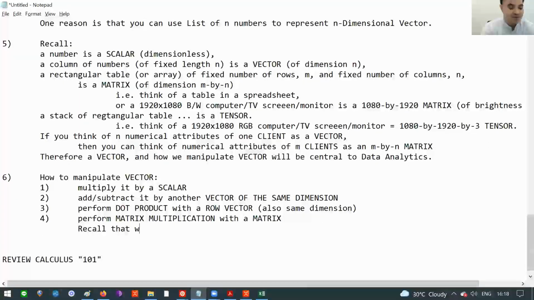Recall that in linear algebra, linear transformation is represented by matrix multiplication.